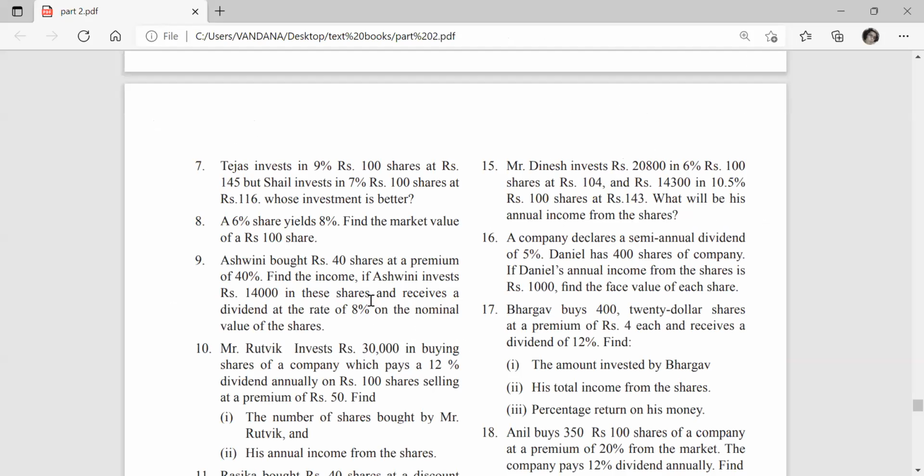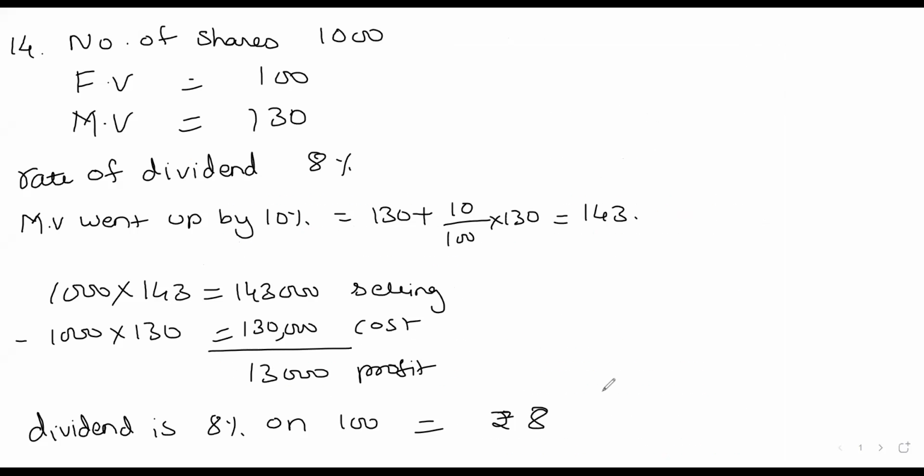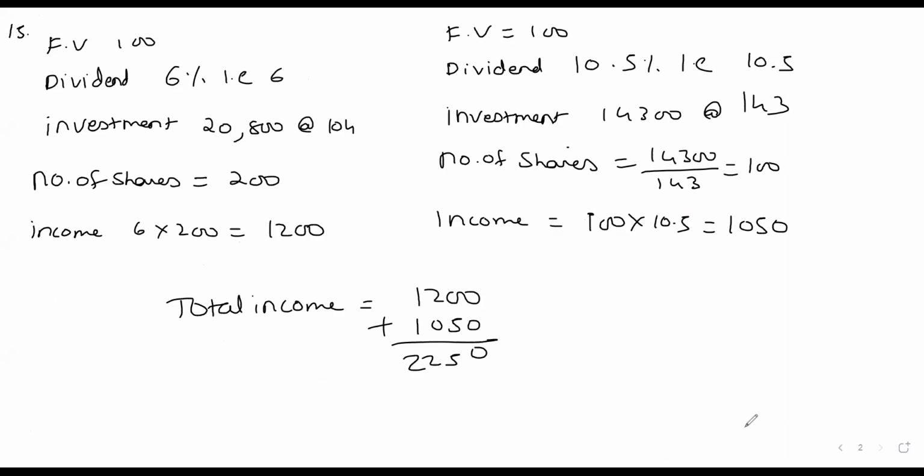Now sum number 16. A company declares a semi-annual dividend of 5%. Daniel has 400 shares of the company. If Daniel's annual income from the shares is 1,000, find the face value of each share. They say that the company declares a semi-annual dividend.